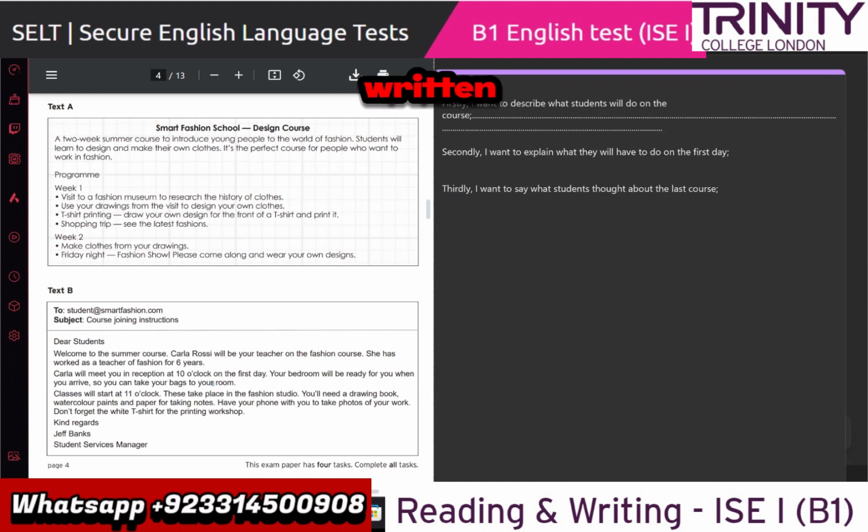Okay, sir, you've written here that firstly, I want to describe what students will do on the course. Design clothes, wrong spelling of design, and make their personal clothes. Sir, wrong spelling of clothes. You need to copy correct spelling, sir. If we can't copy from the text, this means that there is difficulty in passing the test. Okay?